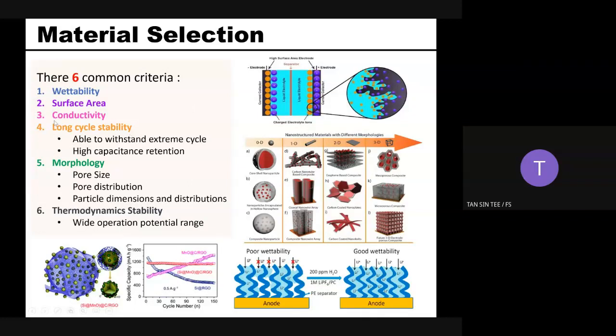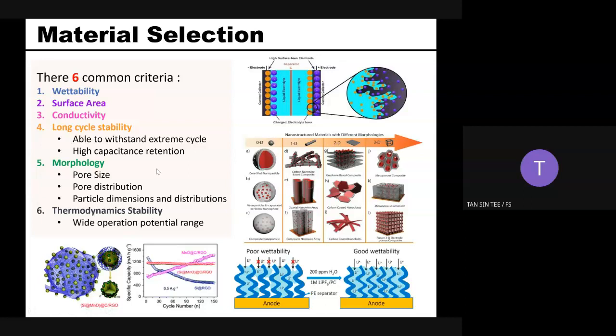Okay, and then the third one we are looking for is conductivity. We will always measure the electrical conductivity of the system, because if a system has a high electrical conductivity, we can further improve the charge density in optoelectronic devices. Fourth is long cycle stability. This is for us to maintain good cycle stability and also high capacitance retention in supercapacitor devices.